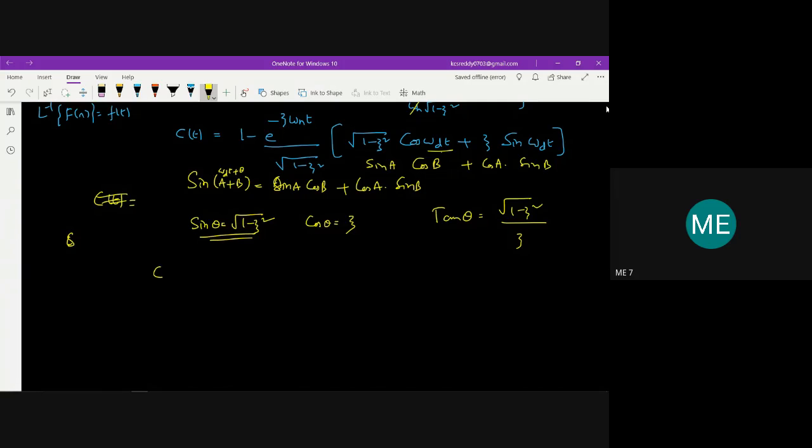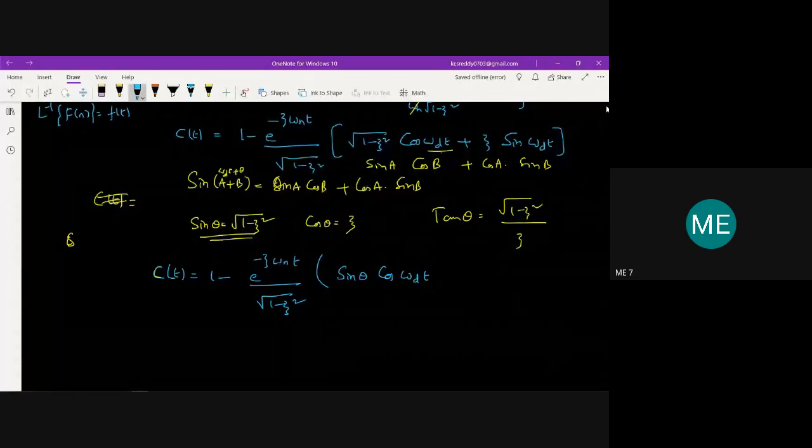Replacing this term with this one, what will happen? Then c of t is equal to 1 minus e power minus zeta omega n into t divided by root of 1 minus zeta square. This root of 1 minus zeta square, I'm going to replace with sine theta, then cos omega d t, and similarly cos theta sine omega d t.